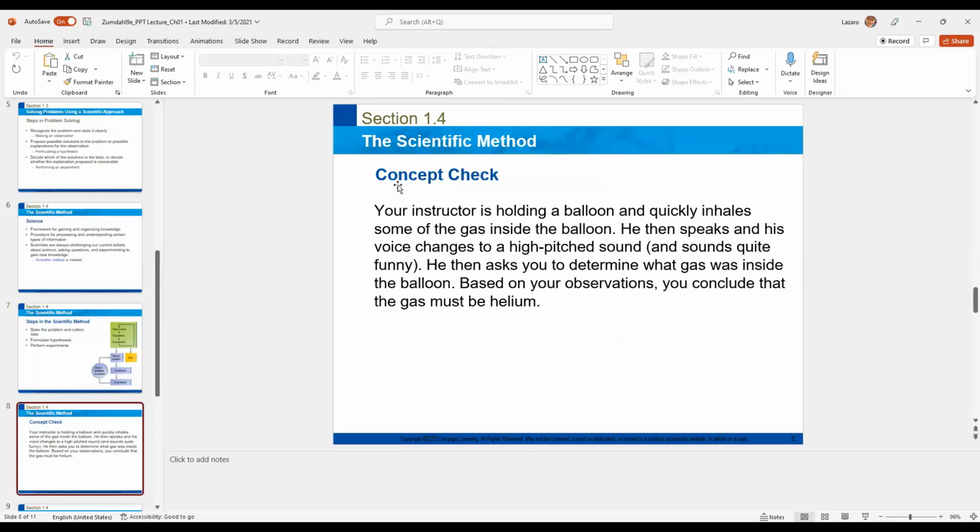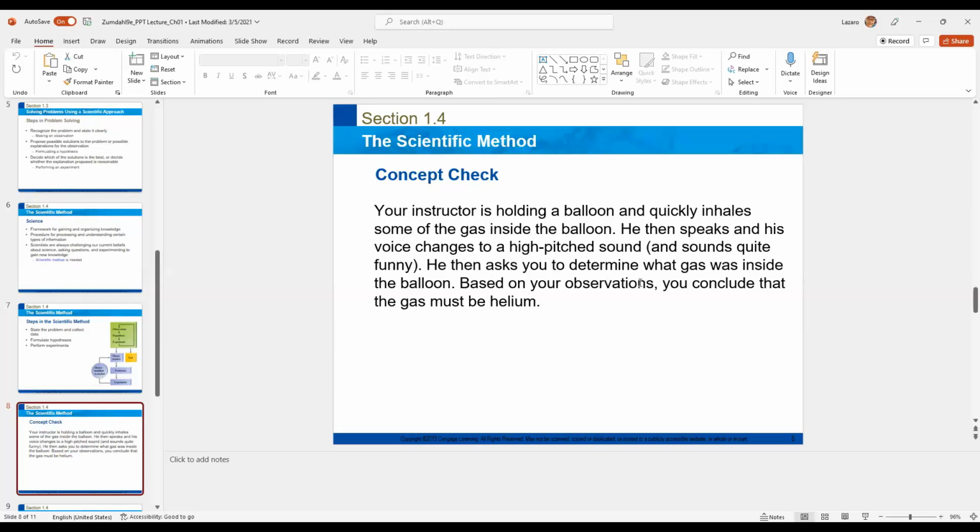Well, here you have a concept check. Your instructor is holding a balloon and quickly inhales some of the gas inside of the balloon. He then speaks, and his voice changes to a high-pitched sound and sounds quite funny. He then asks you to determine what gas was inside of the balloon.